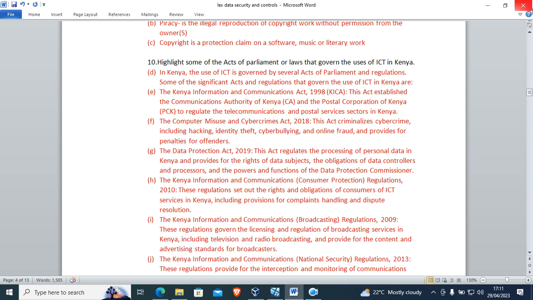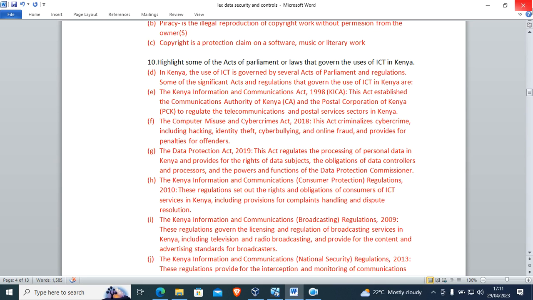Then we have the Computer Misuse and Cybercrimes Act, 2018. This act criminalizes cybercrime, including hacking, identity theft, cyberbullying, and online fraud.